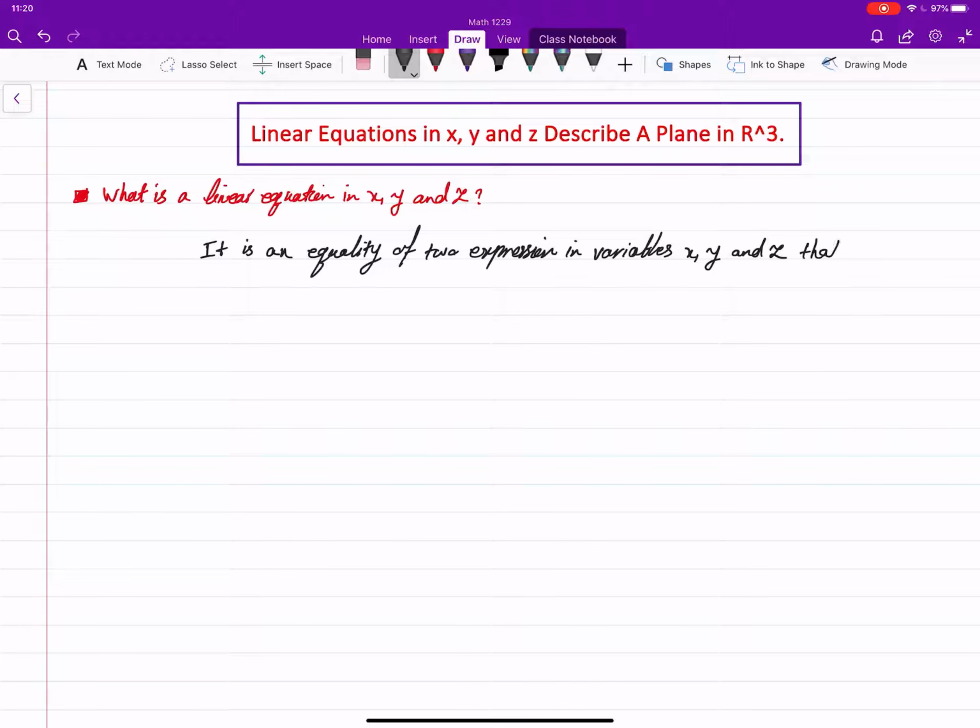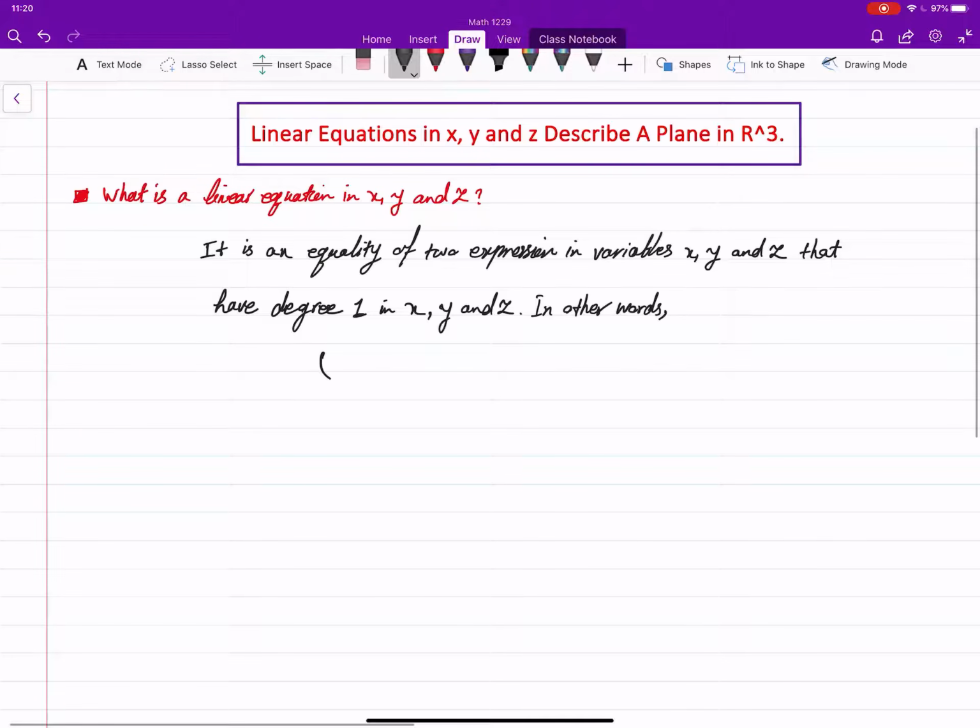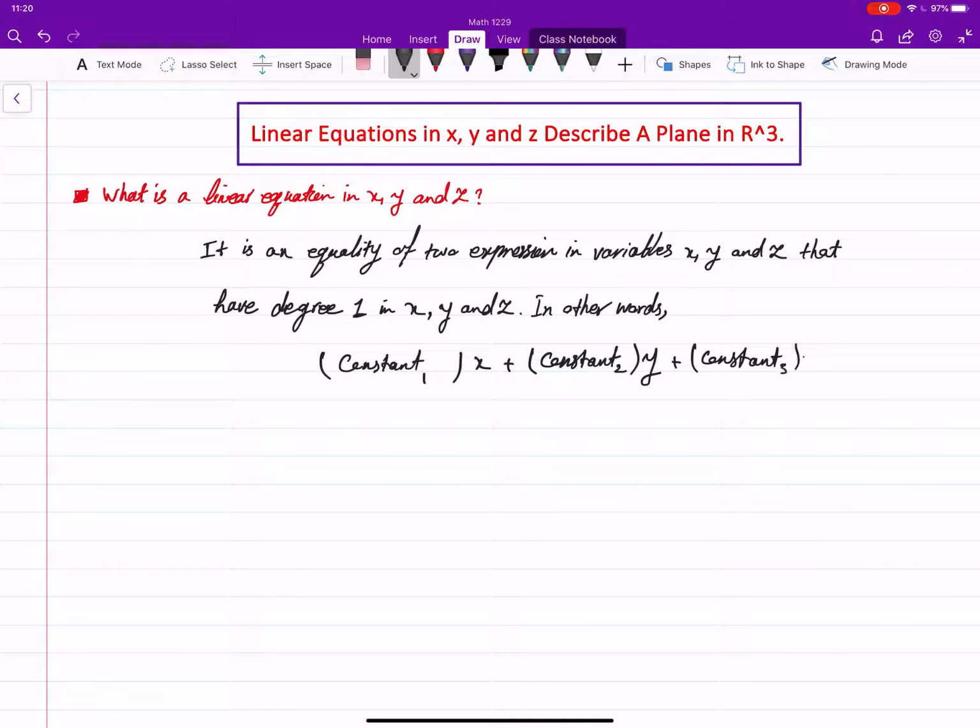that both have degree 1 in x, y, and z. More precisely, we mean that we can write both expressions in this form: a constant, any number, times x, then another constant times y, then another constant times z.